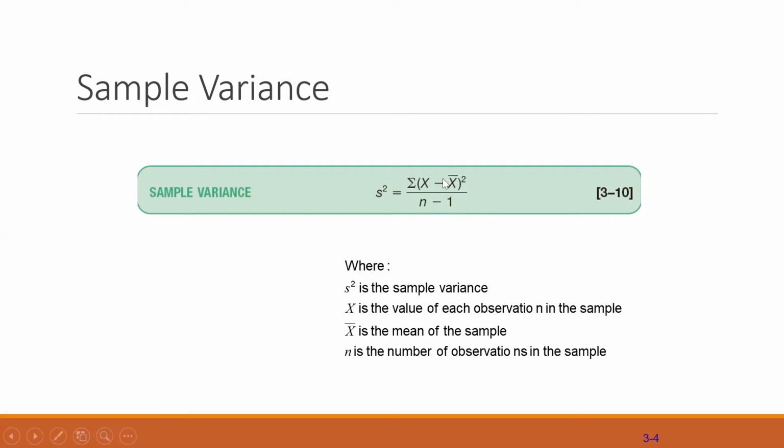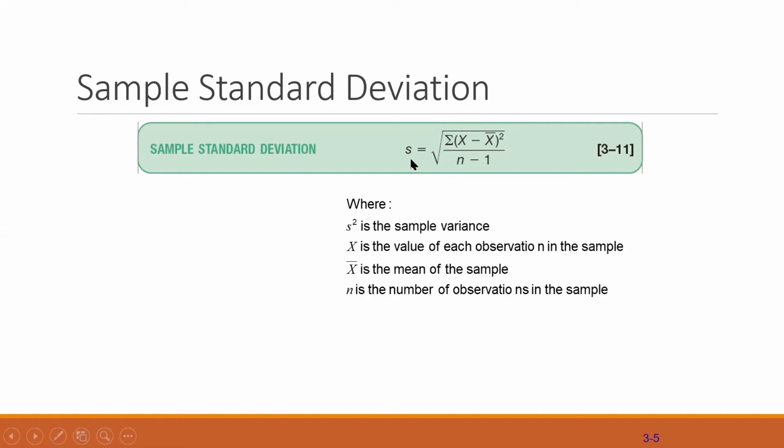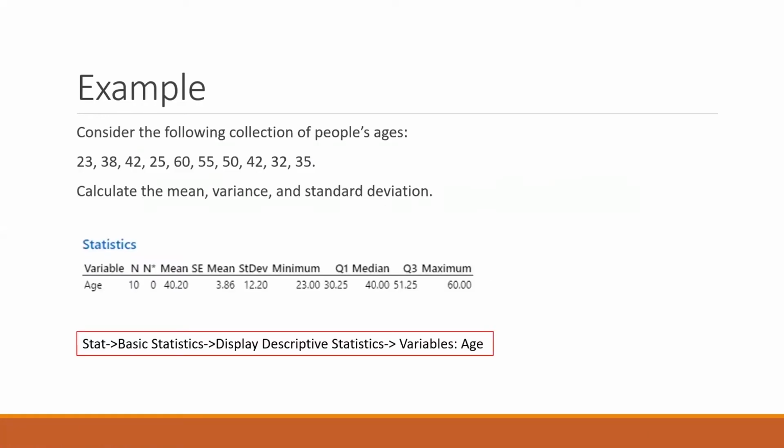The denominator is n-1, and the numerator is the difference between the value in the sample and the sample mean squared, and adding the squares up. All right, and when we have sample variance, we have sample standard deviation, which is basically the square root of the sample variance. And let's take a look at a very simple example.